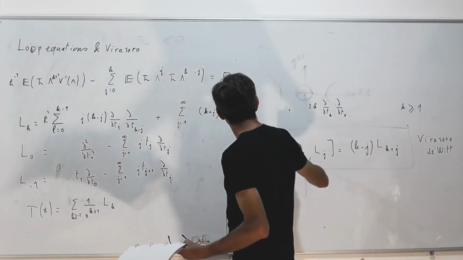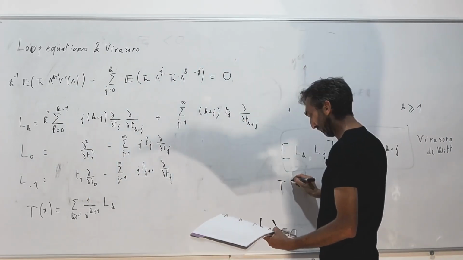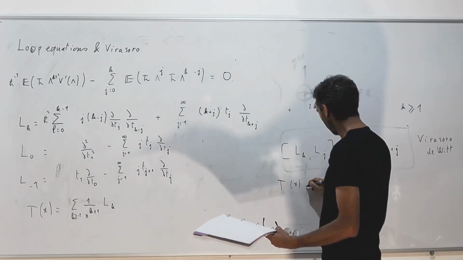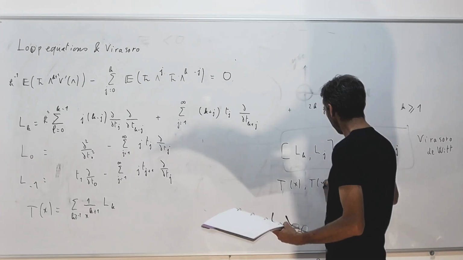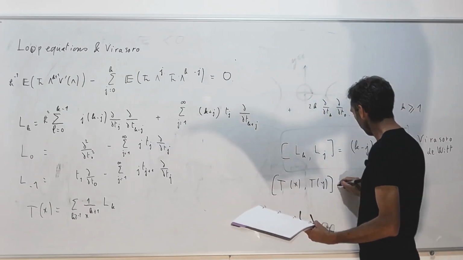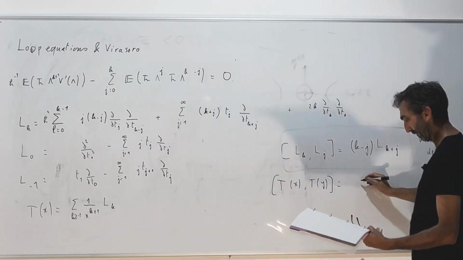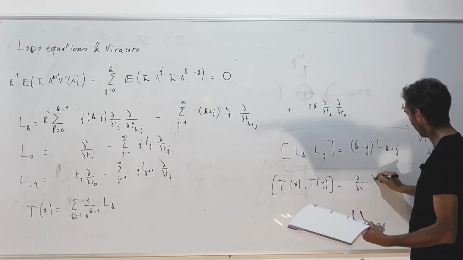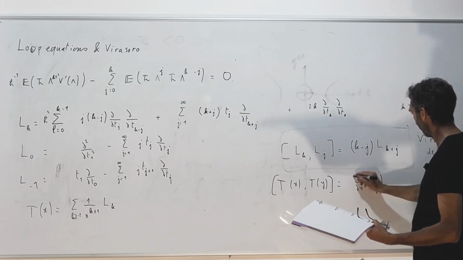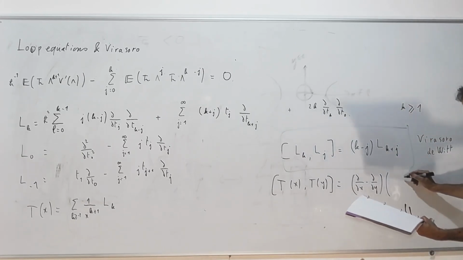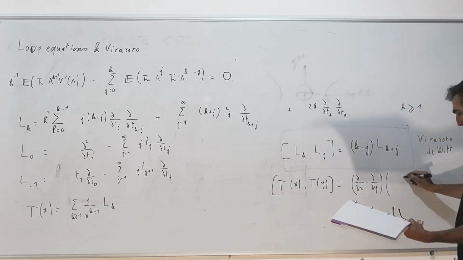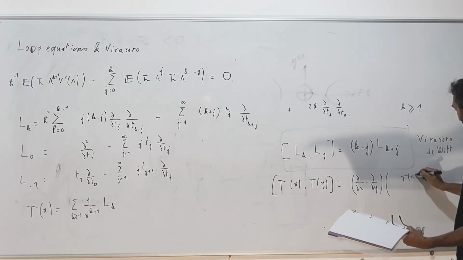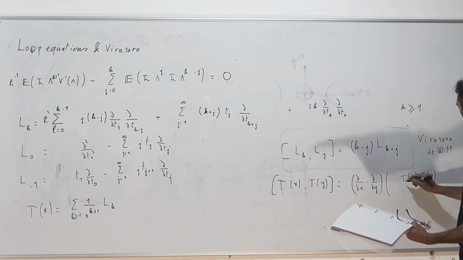And these commutation relations can be written the following way: T of x, T of y is d over dx minus d over dy acting on the function (T of x minus T of y) over (x minus y).